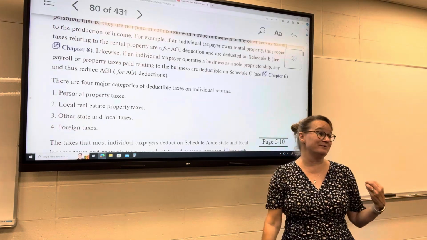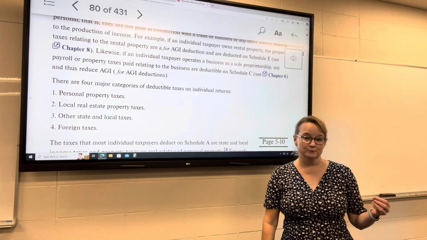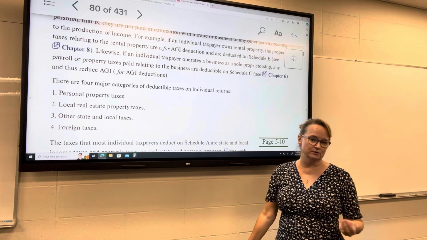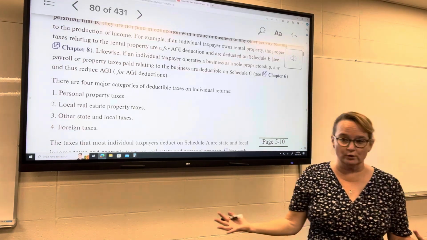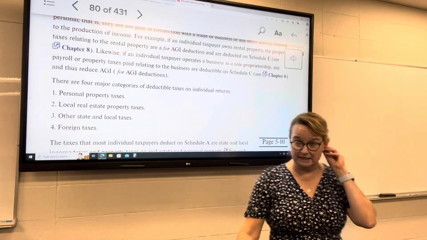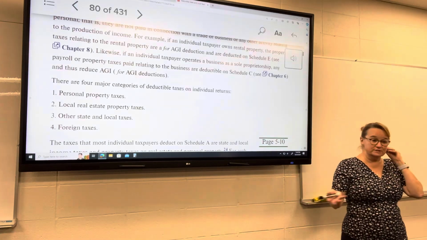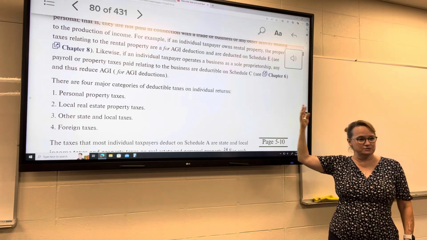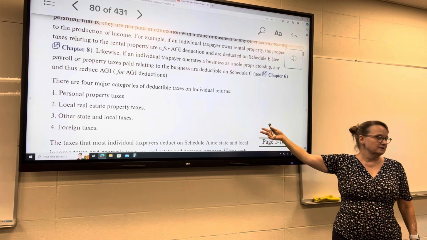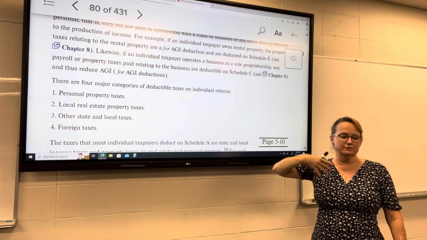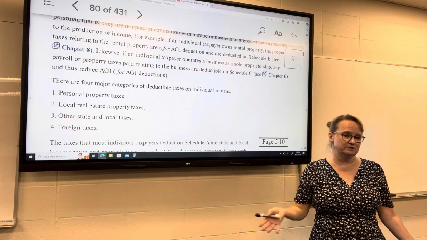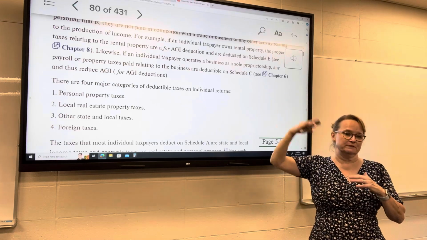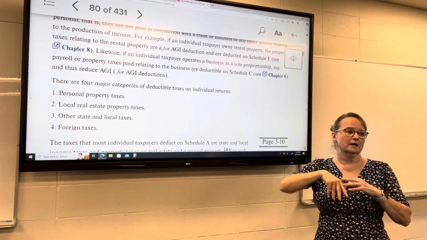But there are some states where property taxes are really high, super high. In Northeast, you could be looking at $10,000 to $20,000 a year in property taxes on just ordinary homes, which is a huge amount of money. So individuals in those jurisdictions, California as well, were getting a big tax cut because their property taxes were so high. Whereas individuals in other jurisdictions, I'm not going to use Iowa as an example because Iowa's kind of middle of the road, actually in the higher 50% as far as taxes go in the country.